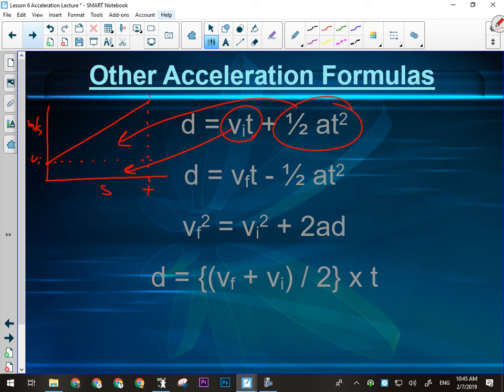This one works the opposite way. Same graph, still meters per second and seconds, but this time it's saying, here's VF. If I take VF and multiply it by T, I will get this entire area here, this whole thing.